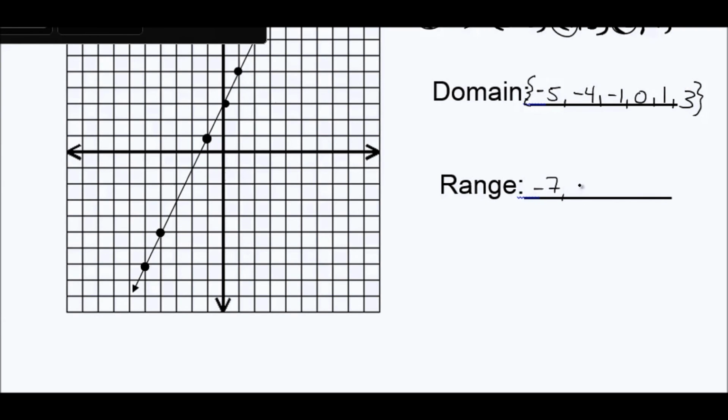So -7, -5, 1, 3, 5, and 9. Where do I get these from? From the y coordinates, right here. And I put them in order from least to greatest. Then you enclose your range with curly brackets.